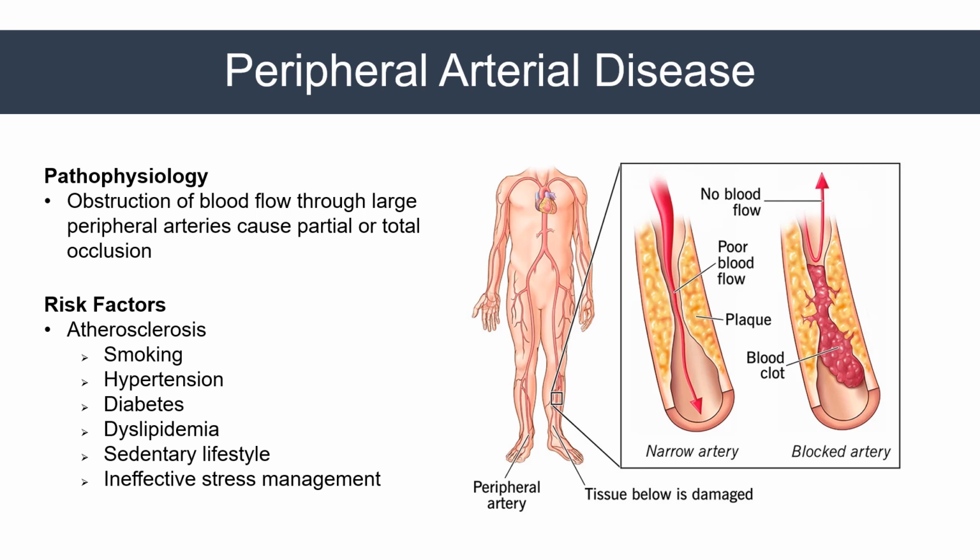So we have smoking, hypertension, diabetes, dyslipidemia, sedentary lifestyle, and ineffective stress management. You may wonder how they have connected stress to peripheral artery disease. Scientists think that chronic stress can lead to endothelial injury, like the endothelium on the inside of the vessels.